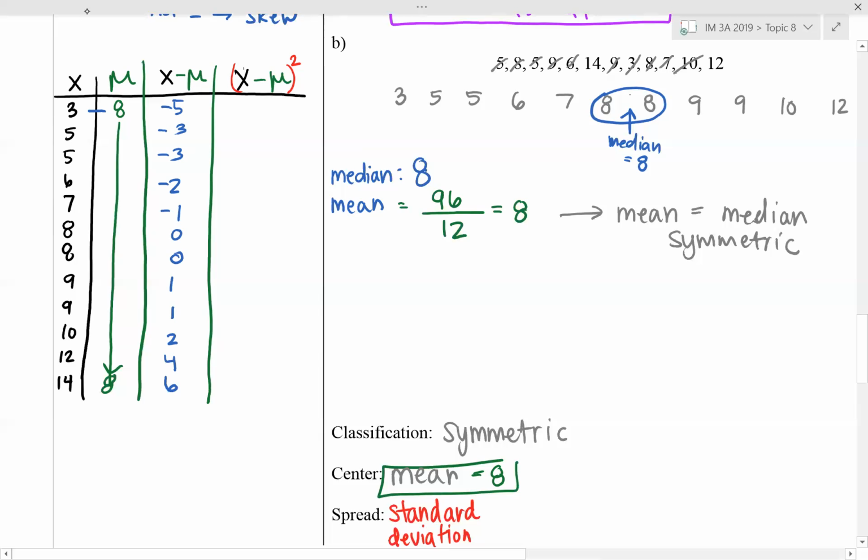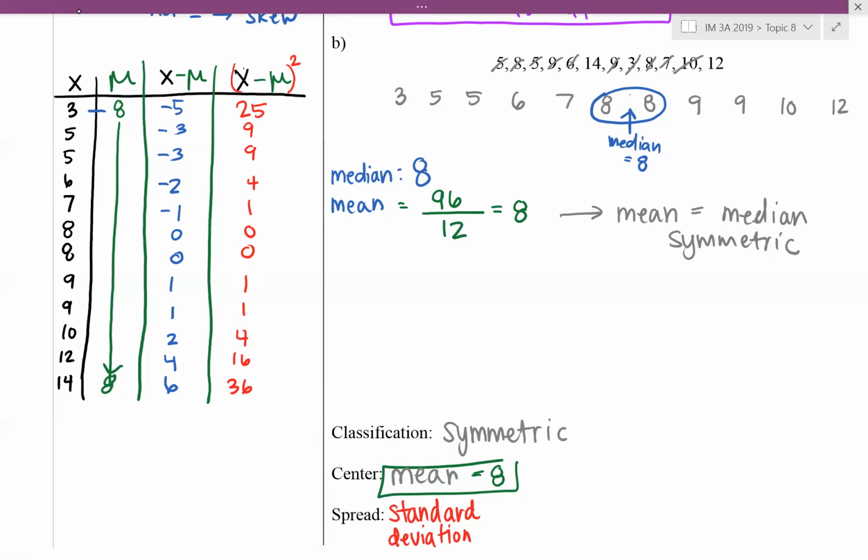So each of those values we're then going to square. -5 squared is +25. 9, 9, 4, 1, 0, 0, 1, 1, 4, 16, 36.